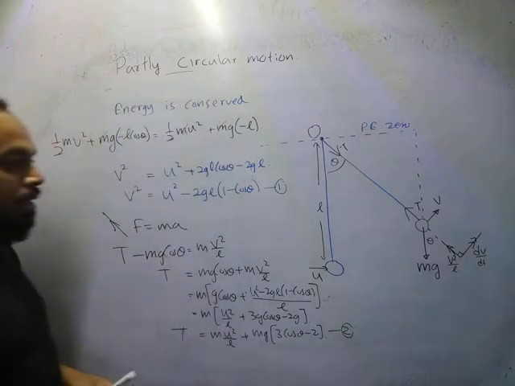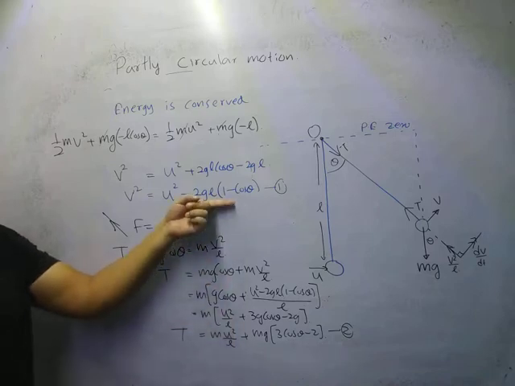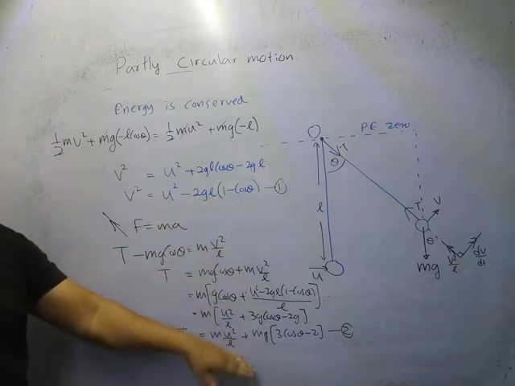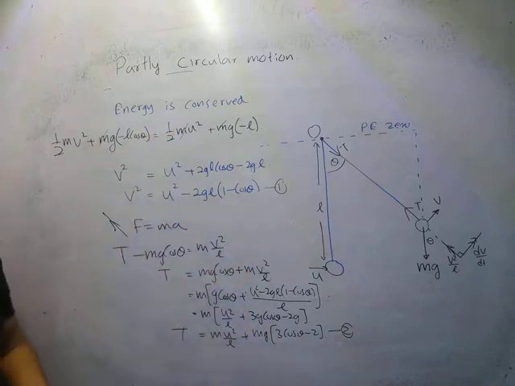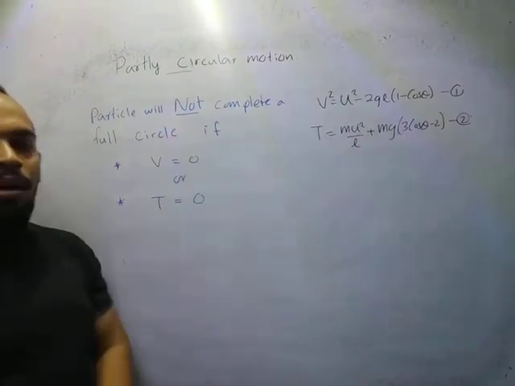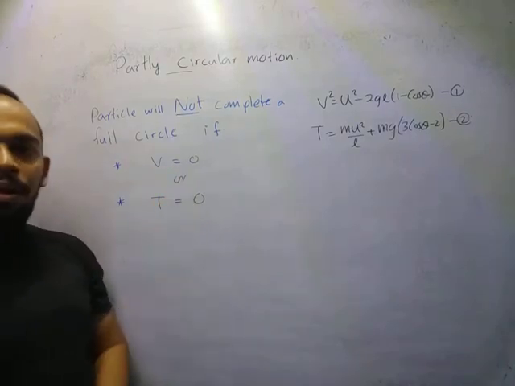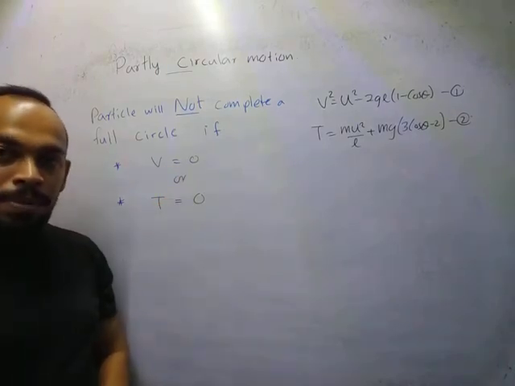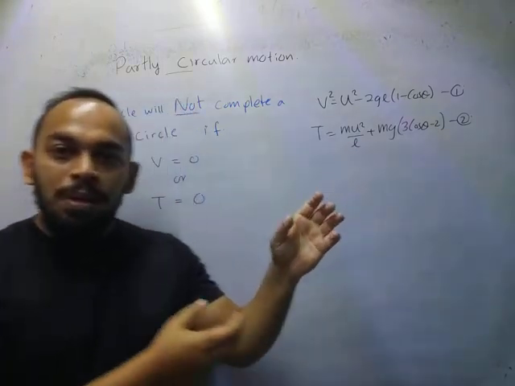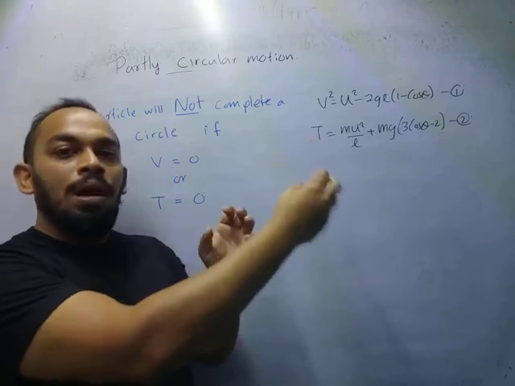Now we need to analyze these motions. I'm going to only write these two equations on the board, and we'll see what to do next. As I mentioned earlier, the particle will not complete a circle if v becomes 0 or tension becomes 0. V equals 0 means no kinetic energy, so it can't move after that point.